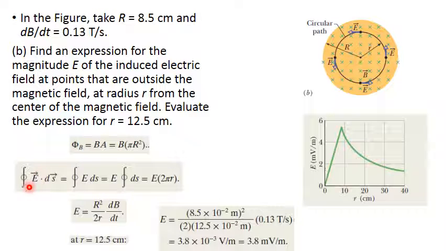Now, the integration of the electric field dot ds would be E multiplied by 2 pi r. Here small r is greater than capital R. It is outside. So in this case, we say that the integration of electric field dot ds on a closed loop would equal minus partial phi B by partial t.